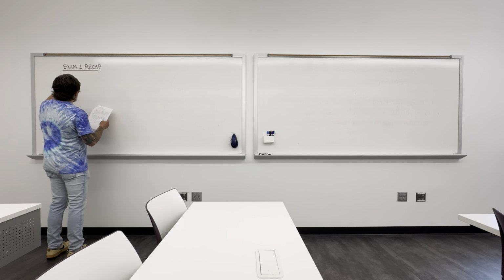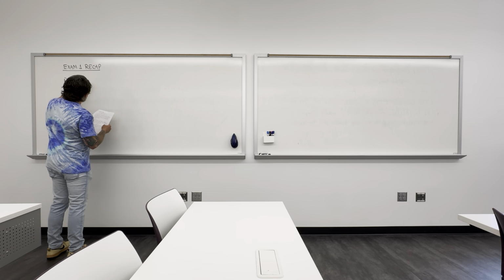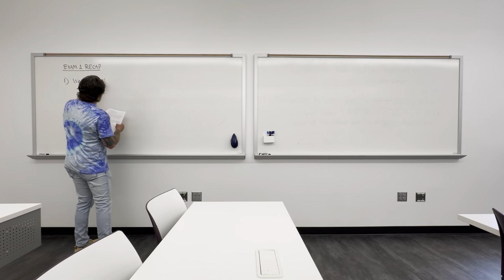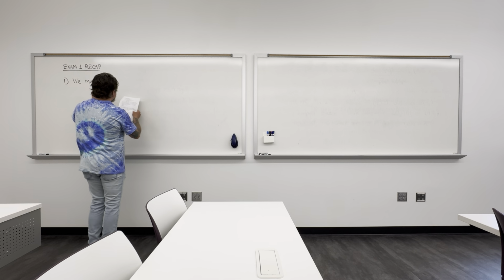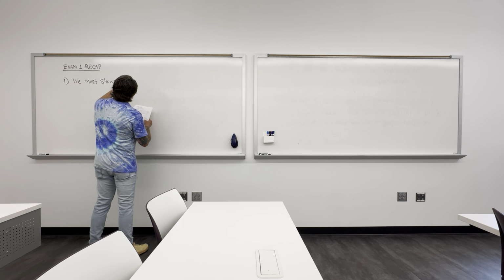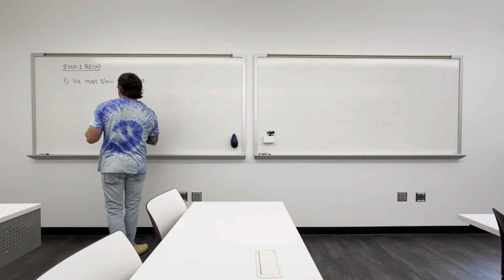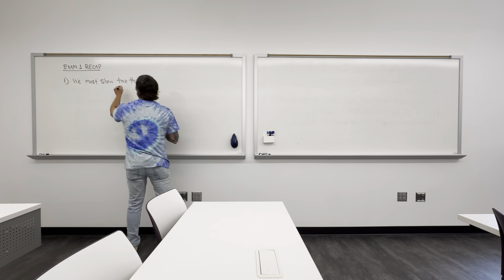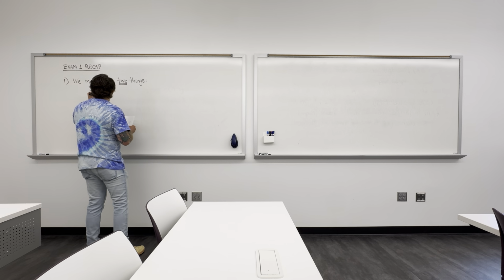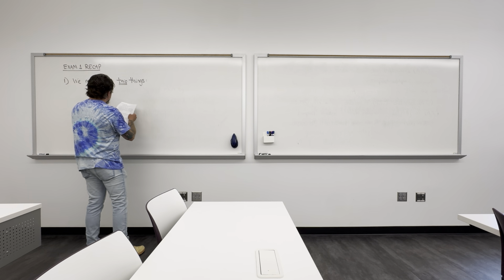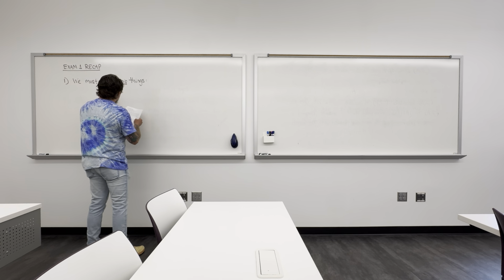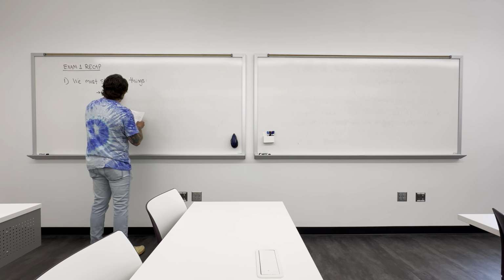Okay, so what we wanted to show was an equality of sets. So that forces us to show two things. The first thing is we needed to show containment one direction.